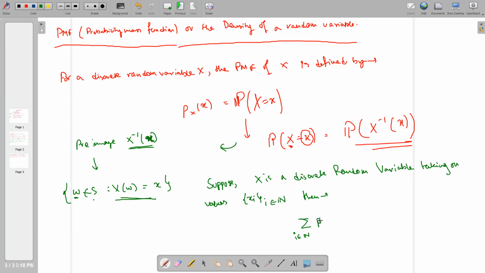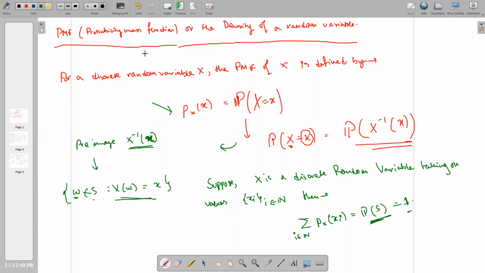This is a property of the PMFs. Since this is what we defined our probability on, the whole space should have probability one, and this is how I am defining the probability mass function. So summing them up should come to one, right?